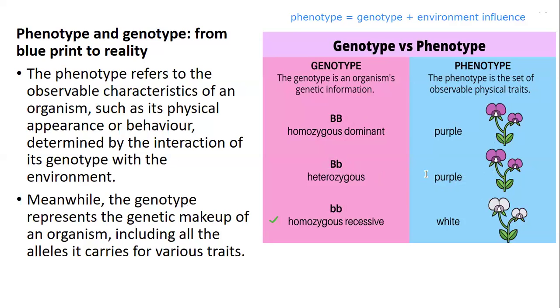Now, it's very important to know that whatever appears doesn't tell the true picture of what is within this organism. You may see a purple flowered plant and think that it is a pure plant, but yet it is a mix.